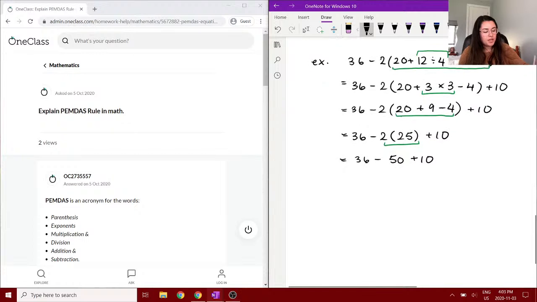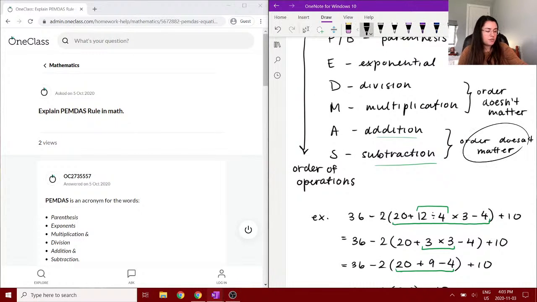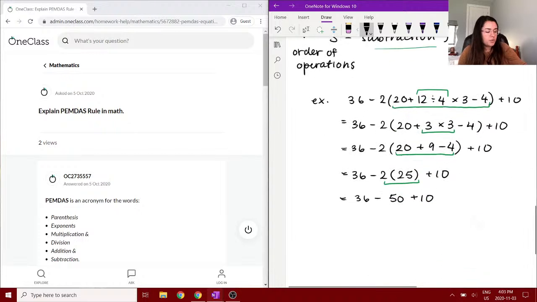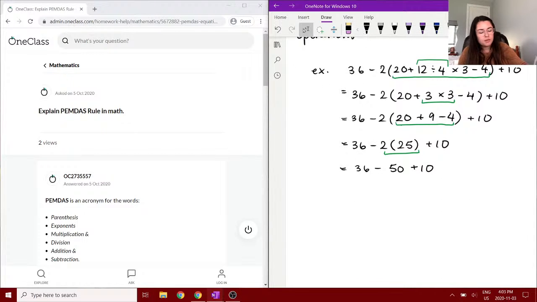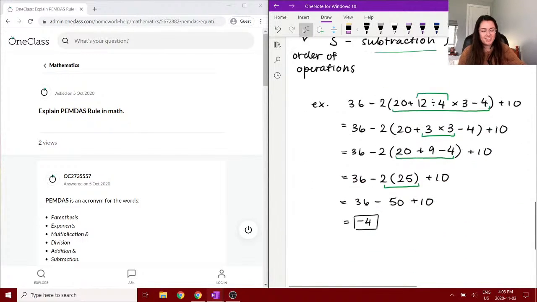And because we have subtraction and addition, once again, order does not matter, so we are going to do this all in one step. And then we'll get the final answer of minus 4. Okay? So that is how you work through an equation using PEMDAS.